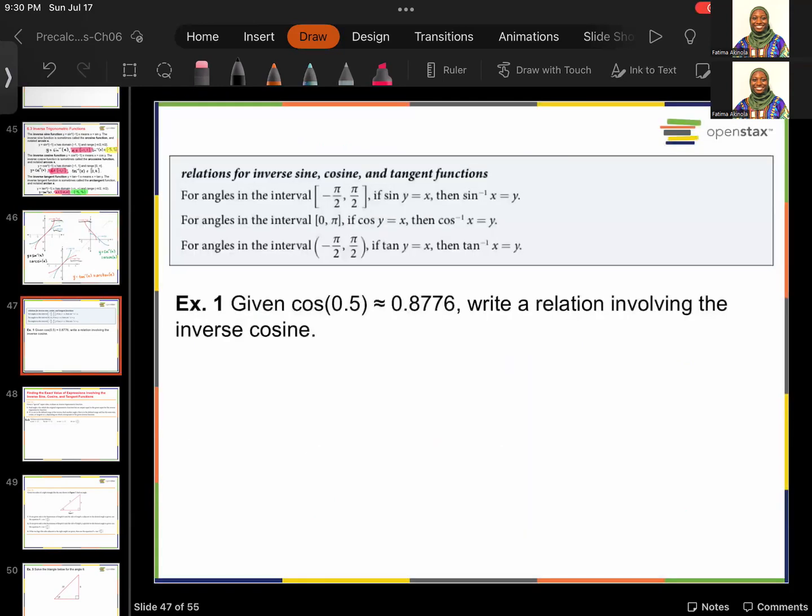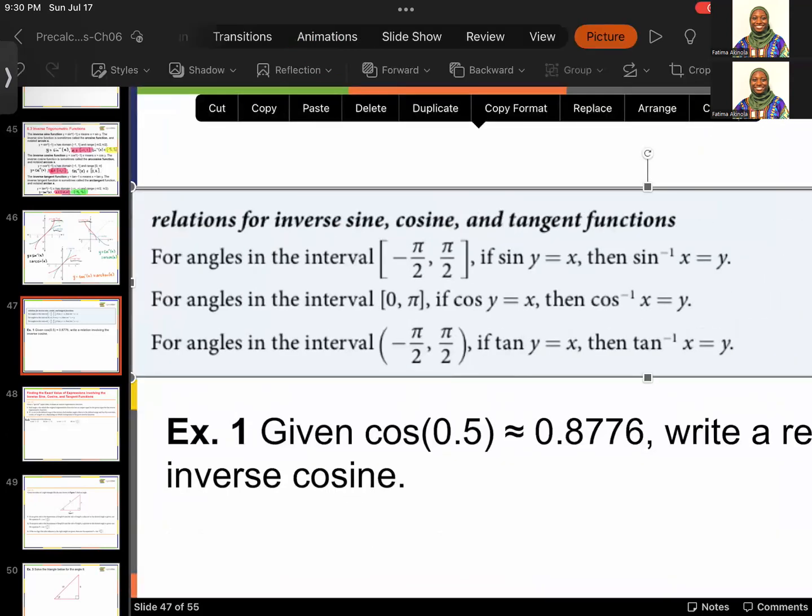Next, we're going to look at an example, but first, let's see how these inverse functions are related to our regular old functions, because they are the inverses of the regular trig functions that we're familiar with. This box right here is also very important.